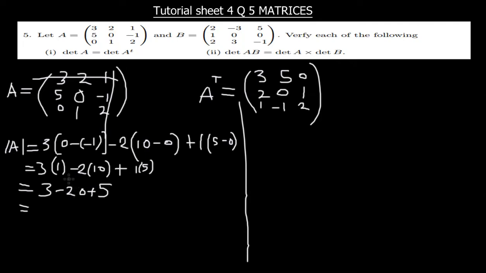So negative 3 minus 20 you get your negative 17, plus 5 you get your negative 12. So negative 12 is the determinant of A.